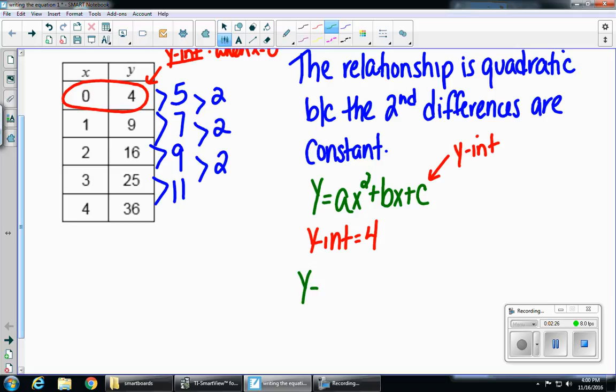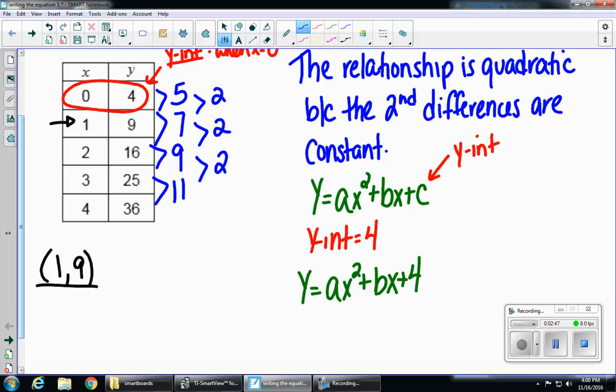So I'm going to fill that in so I have y equals ax squared plus bx plus 4. Now I'm going to find a and b. To find a and b, I'm going to pick two different points from the table and use them to substitute in. I'm going to start with the point 1, 9. This is an x and this is a y.